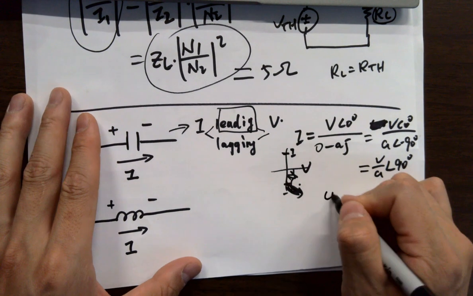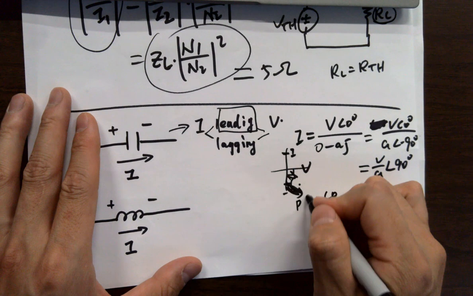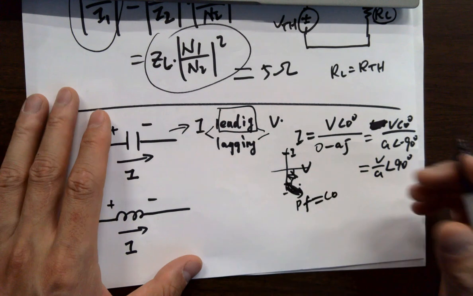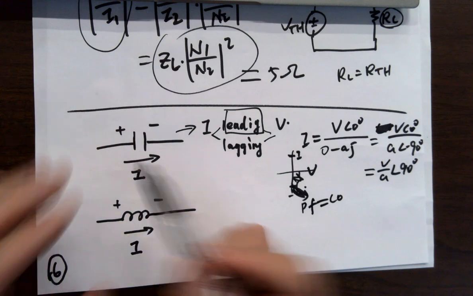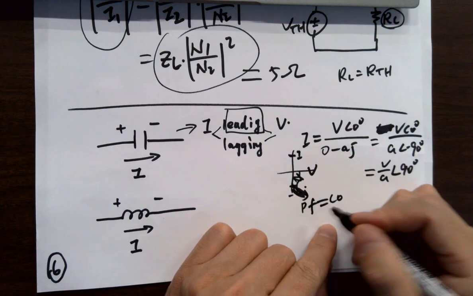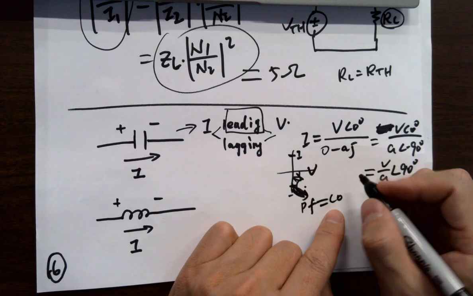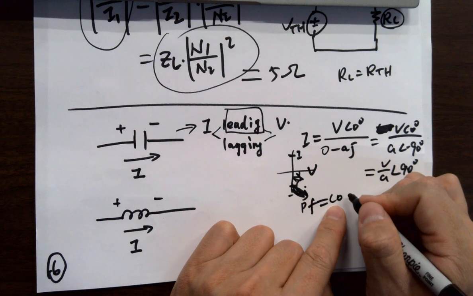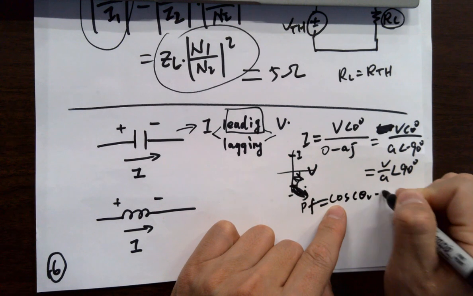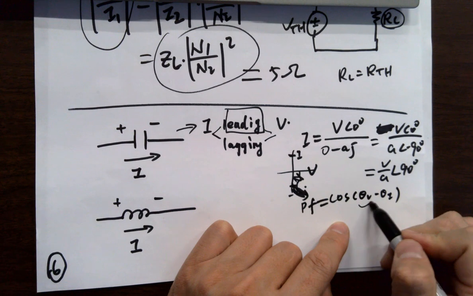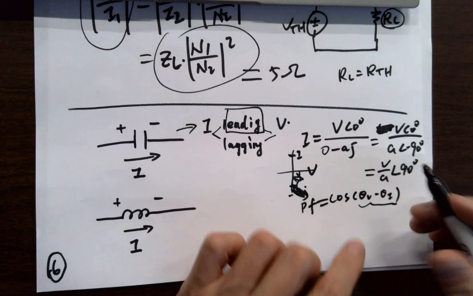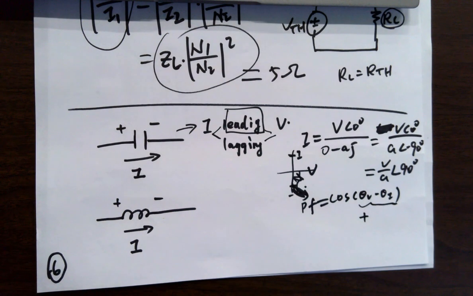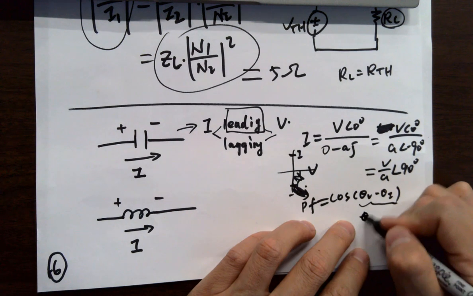And if you write down the equation for power factor of this circuit, just one capacitor anyway, it's power factor cosine theta v minus theta I, right? So is that a positive or negative number?